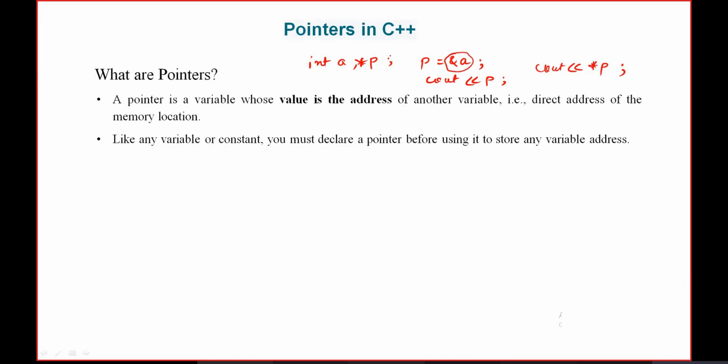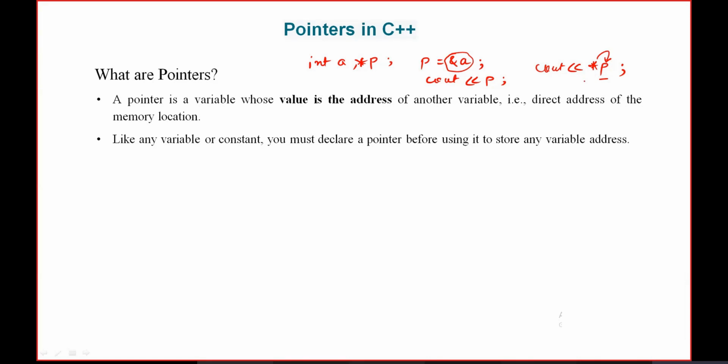But if I want to access the value of a, I'll have to go to that address and then access the contents at that address. That is the address of a. So that is why I write *p. So p represents the address and star represents the contents present at that address. Fine. Okay, so this is pointers in a simple way.